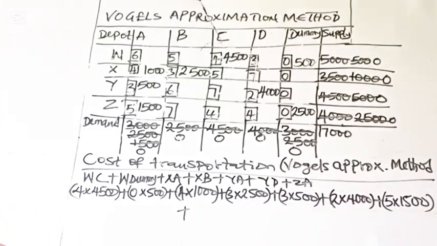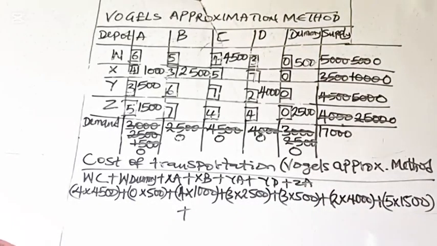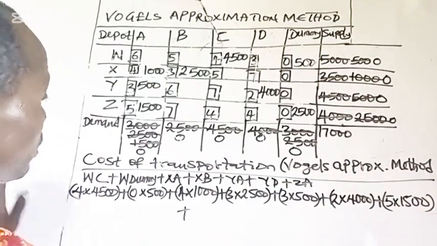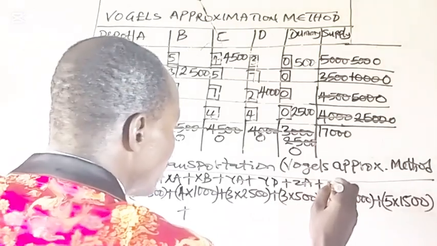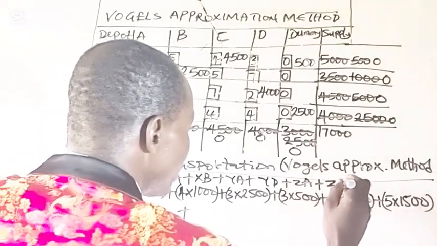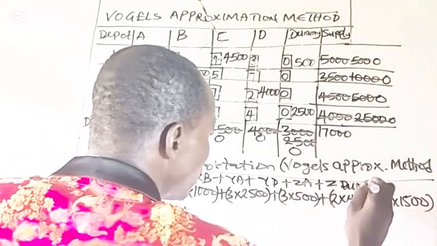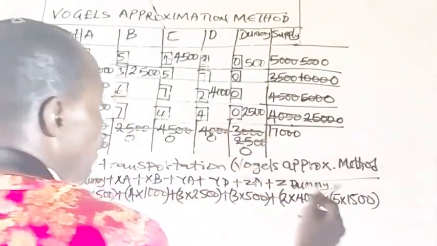After ZA, you have Z dummy. Z dummy, 0 times 2,500.